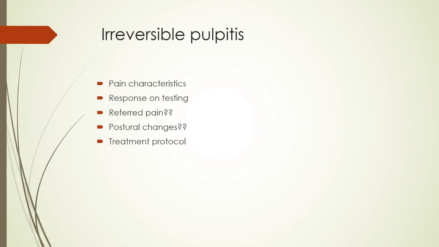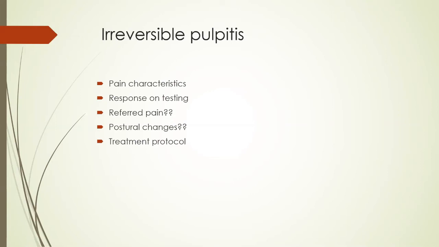Why does this happen? Because the intrapulpal pressure increases. Here the pulp is inflamed, and the pulp contains blood vessels. So there is inflammation and proliferation of the blood vessels, and when the blood vessels proliferate, they don't have any space because they are encased inside the hard tissue. They have no space to expand, so there is severe pain.